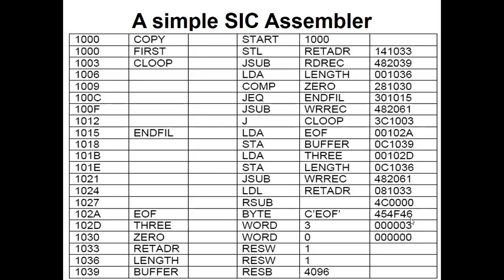That is the machine language data for that code. Then the word 3: since every word is 3 bytes, you have to put it into 3 bytes. Word 0, you also put into 3 bytes. That is how those are translated.